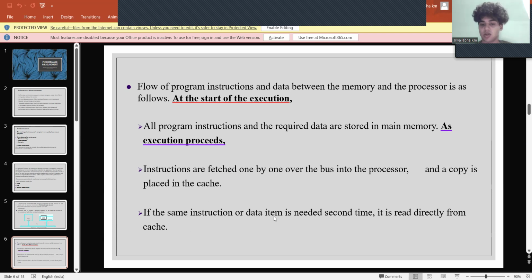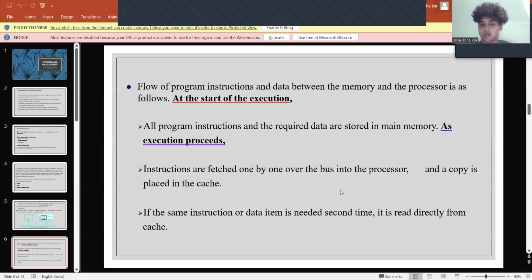If the same instruction or data item is needed a second time, it is read directly from the cache. The cache is a smaller memory in the processor which holds the data and instructions.